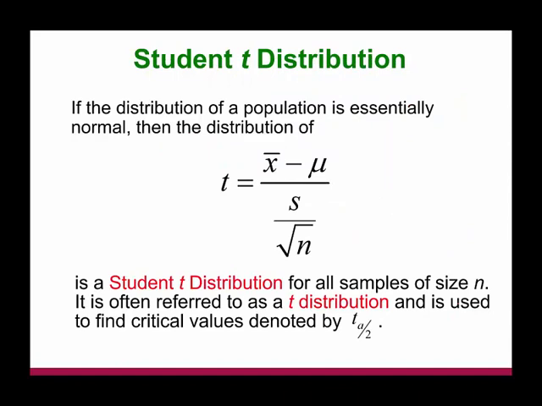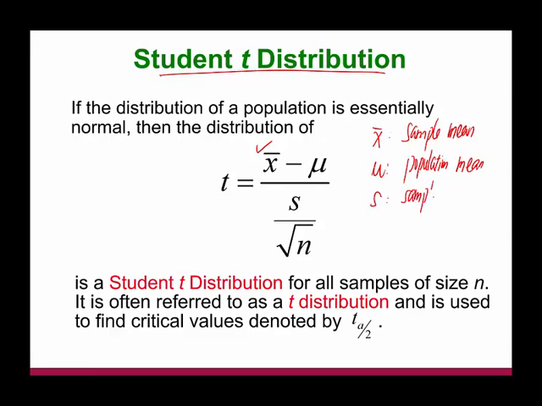If the distribution of the population is essentially normal, then we use the student t-distribution, where the t value equals x bar minus mu over s over the square root of n. x bar is the sample mean, mu is the population mean, s is the sample standard deviation, and n is the sample size.